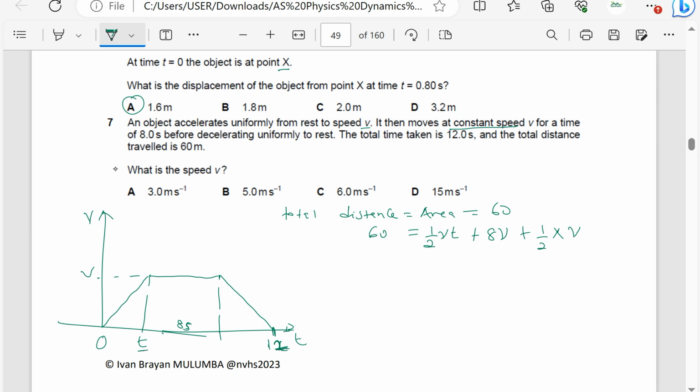This time is t and this time is t plus 8, so this time is going to be 12 minus t plus 8, which becomes 4 minus t. So this is going to be v into 4 minus t.